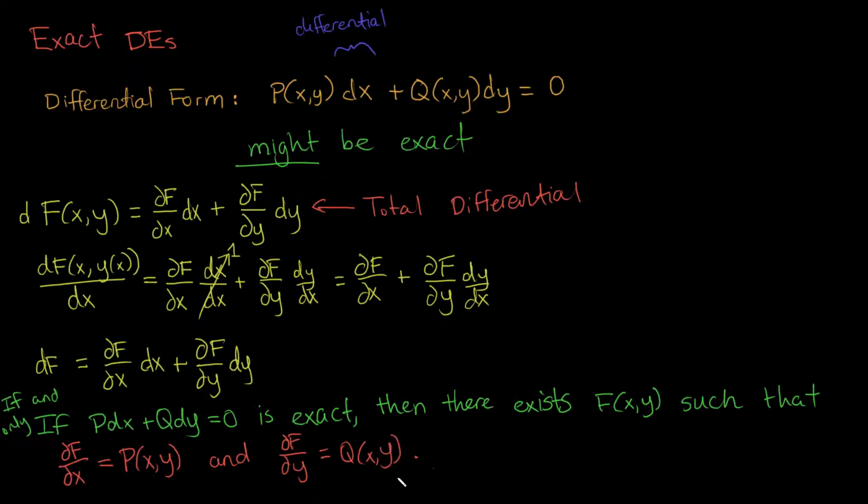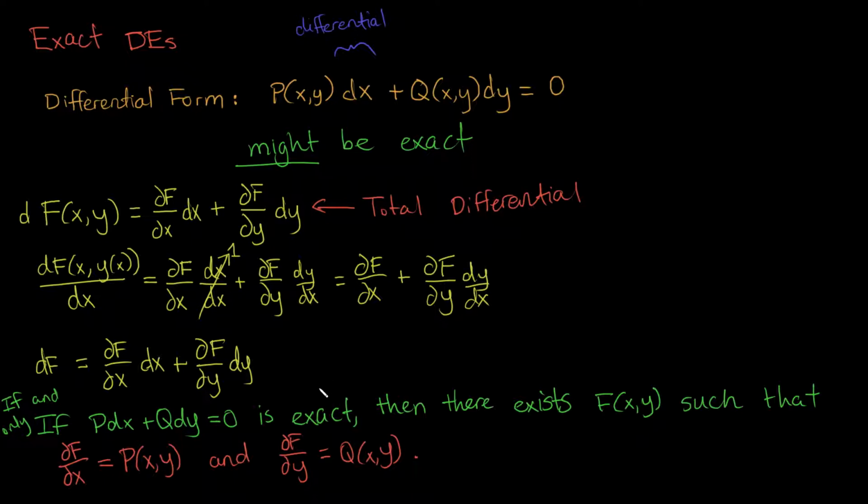If this is true, so if partial f partial x equals p of x and y, and the partial derivative of f with respect to y is q, then we say that this differential equation is in exact form. Now, that's fine, but are you going to go find a function f that makes this true?